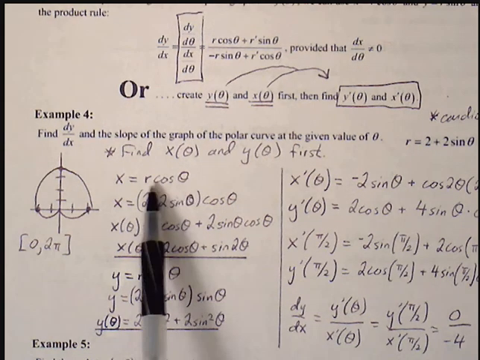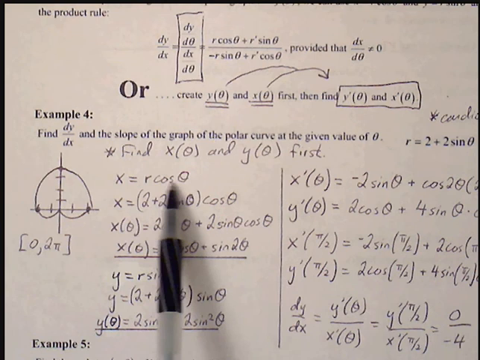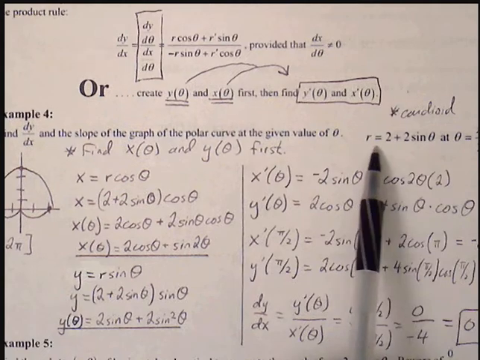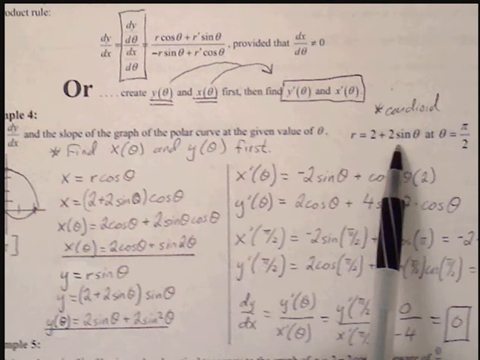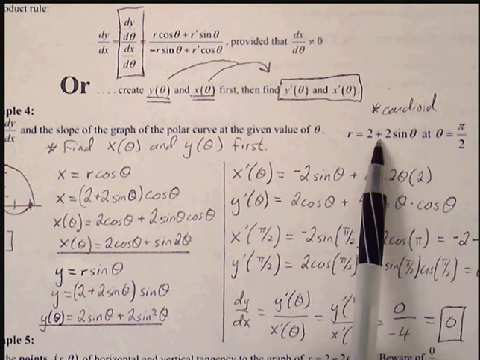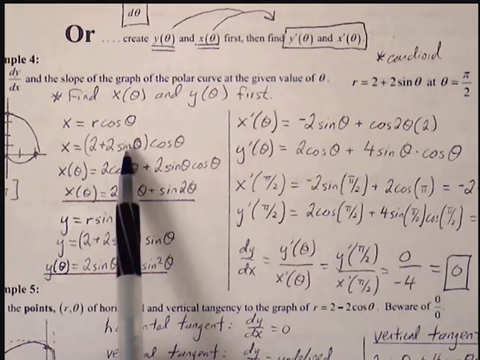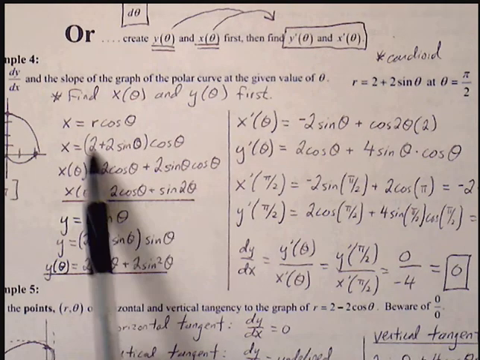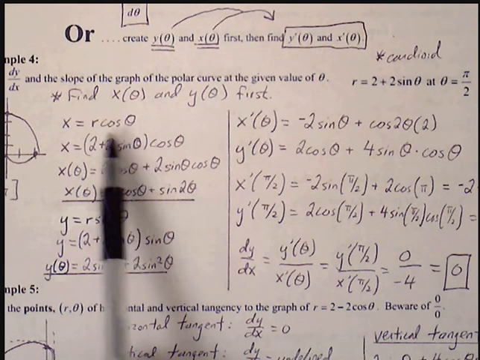So x equals r cosine theta. So this cosine theta will stay, but the r, we want to see if we can replace that. Well, we know that r is given to us as 2 plus 2 sine of theta, and we can simply make our substitution. So 2 plus 2 sine of theta times cosine theta. This represents x. I'm going to distribute.